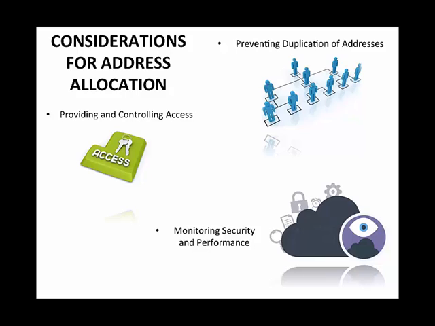And also, we really need to know which addresses are who, because if we need to know about security or performance, we would want to know where the network is failing. And in a network tool, you won't know this if you don't know exactly how your addresses are allocated.